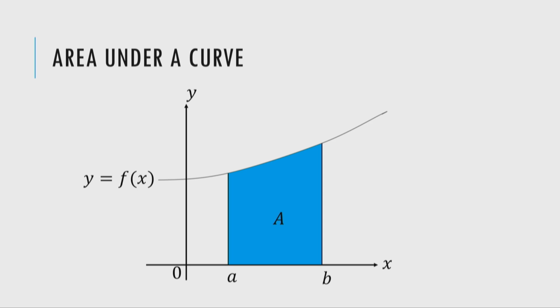The definite integral of a function gives us the shaded area between the curve and the x-axis within the specific bounds. It is denoted as area = the integral of f(x) with respect to x between a and b, where f(x) is greater than or equal to 0.